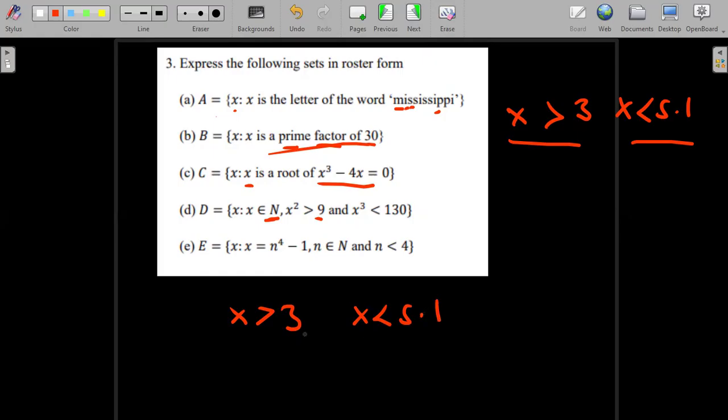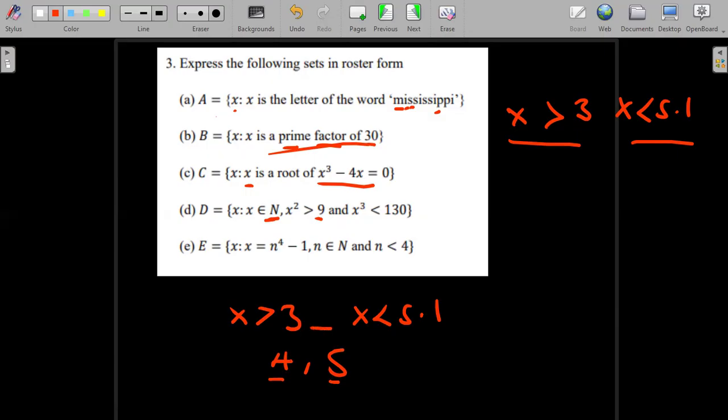Being greater than 3, meaning 3 is not part of this, the natural number that follows after 3 is 4. Then less than 5.1, the number that is less than 5.1 is 5.